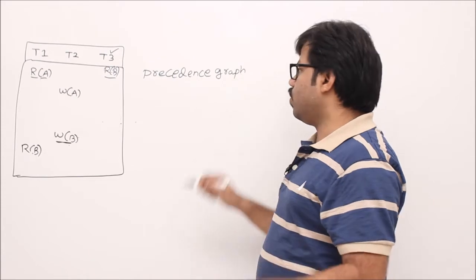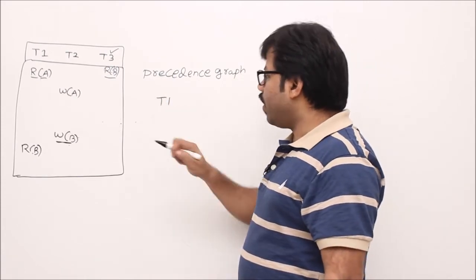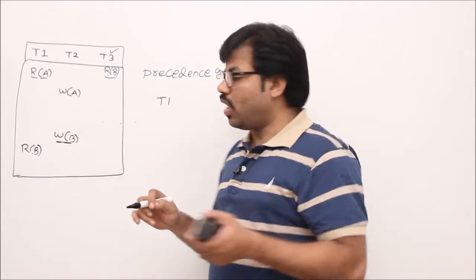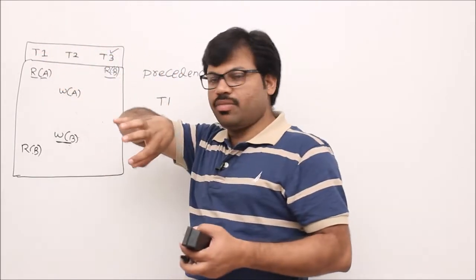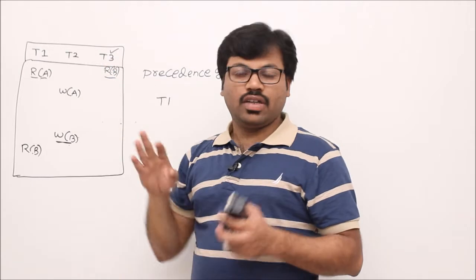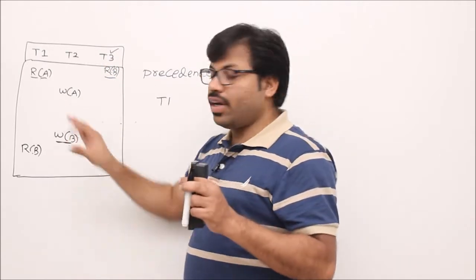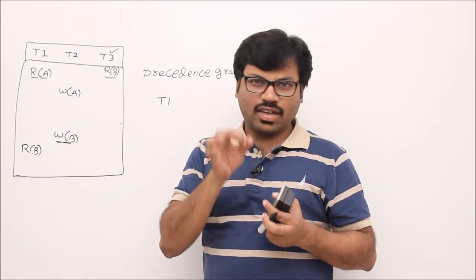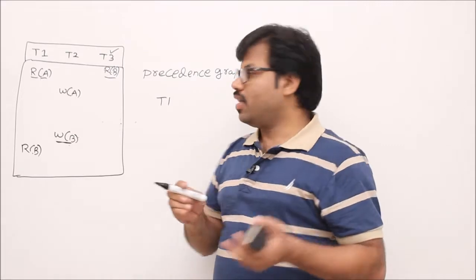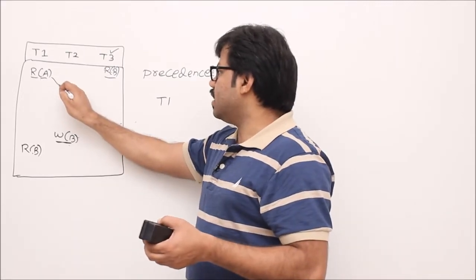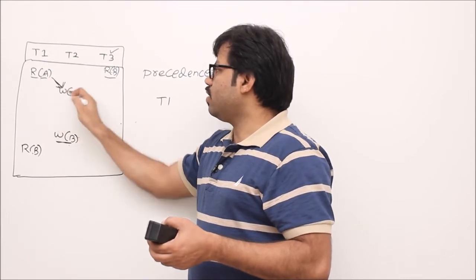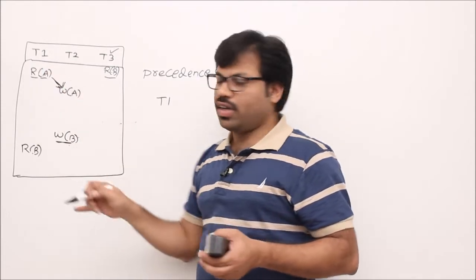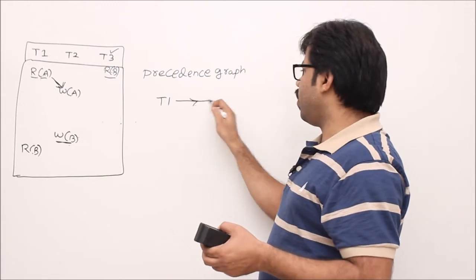Finally, if you want to form a serial schedule, in that serial schedule T2 cannot be first, because you can't move write of A up. If it is equivalent to some serial schedule, T1 should be first, then T2. That is decided by this read to write conflict. So that's why, since T1 to T2 there is a conflict, we add an edge from T1 to T2.